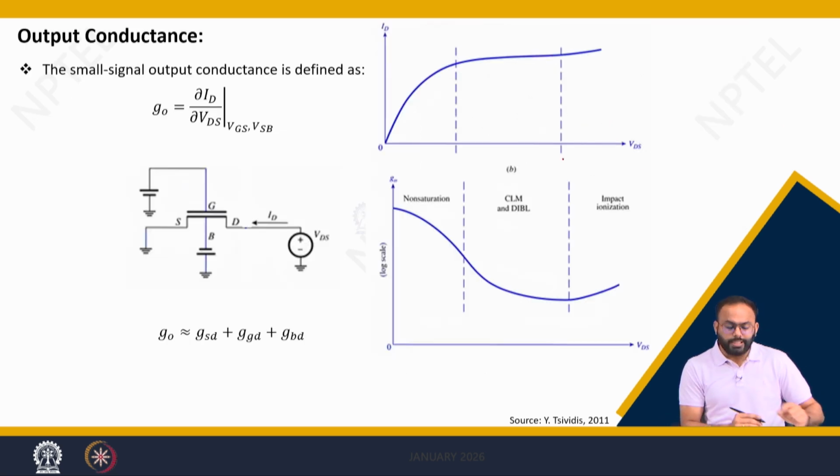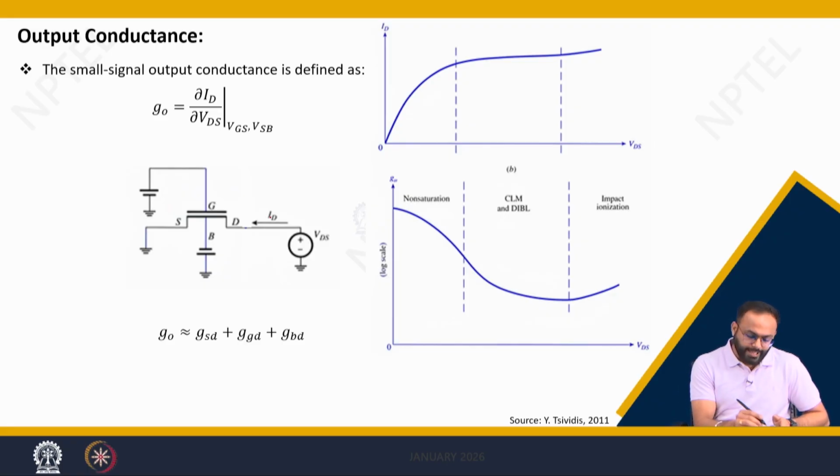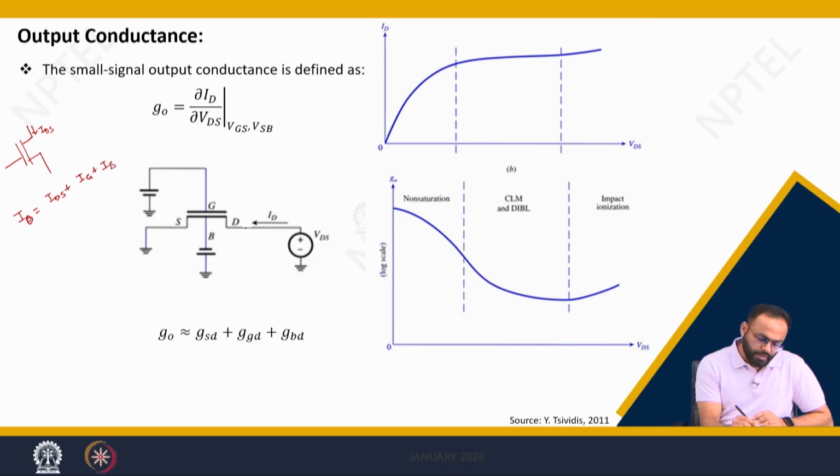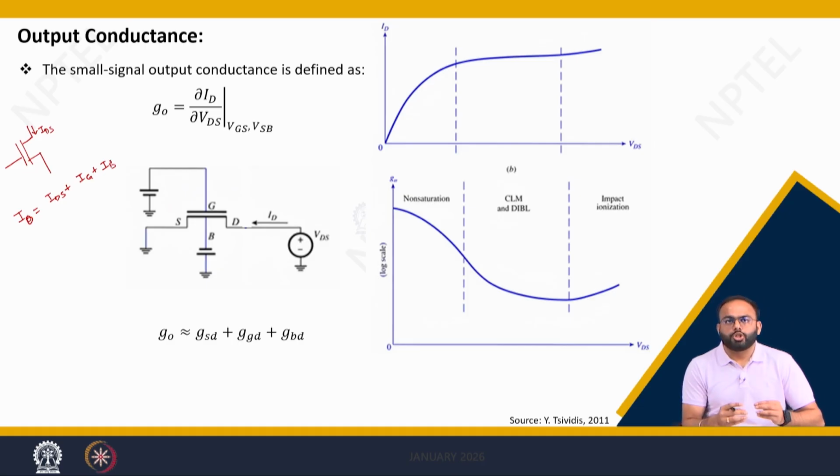Now, let us see the output conductance. The output conductance means what? As we have said, in the MOSFET the current is not only due to drain to source; the total current is the sum of IDS plus IG plus IB, because in short channel devices or practical devices there will be a gate current and a body current.